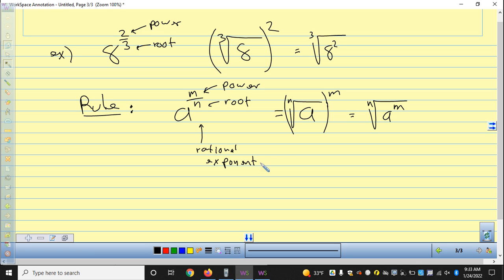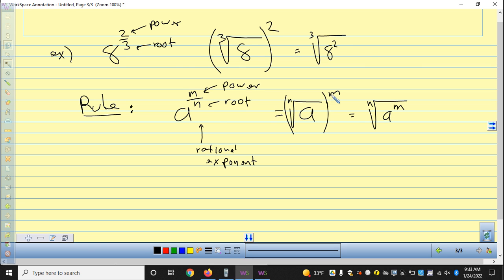So when we have a fraction, whatever's in the bottom is a root, whatever's in the top is a power. If the top number is just 1, then we just have a first power and we don't have to worry about it. All right, questions so far?